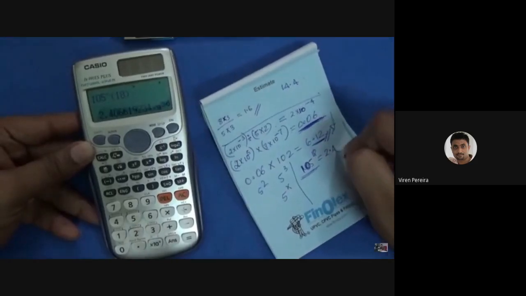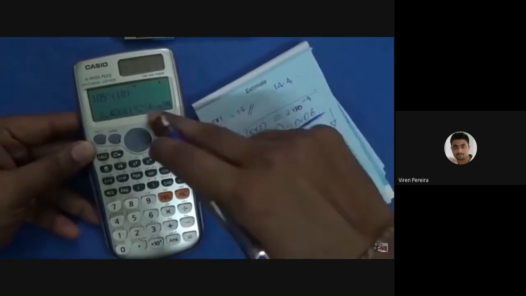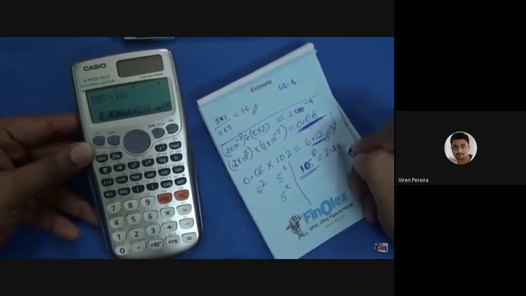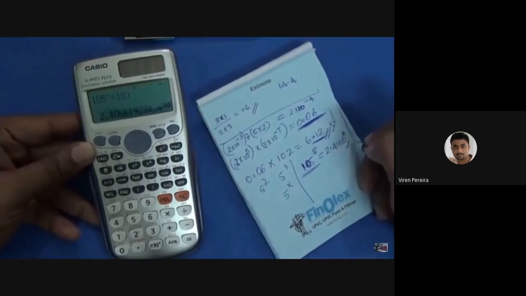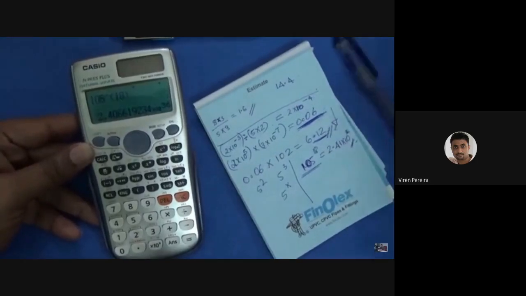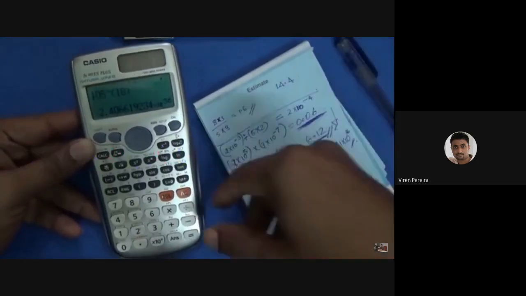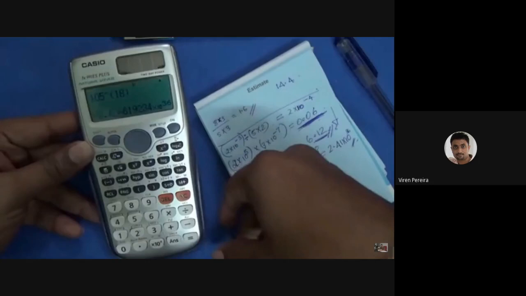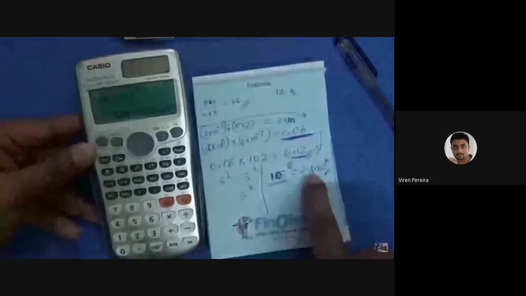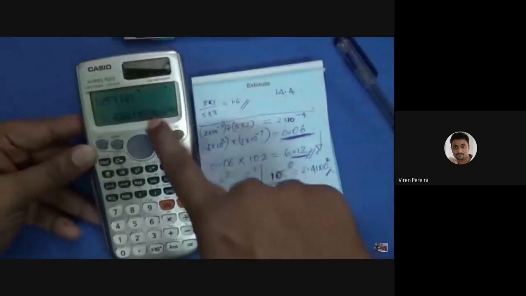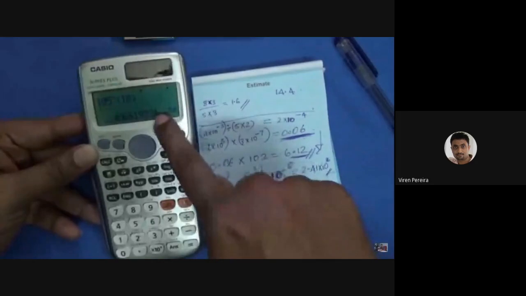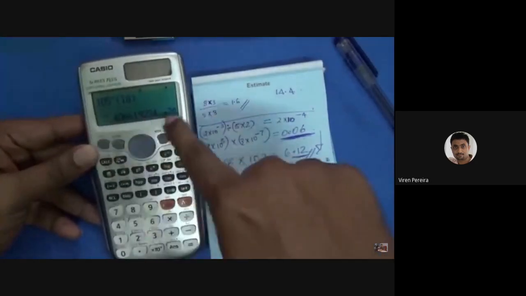2.41 into 10 raised to the power of 36. So this is the value I have achieved. Never forget to include this 10 raised to the power of 36, because you will get your value into this term.